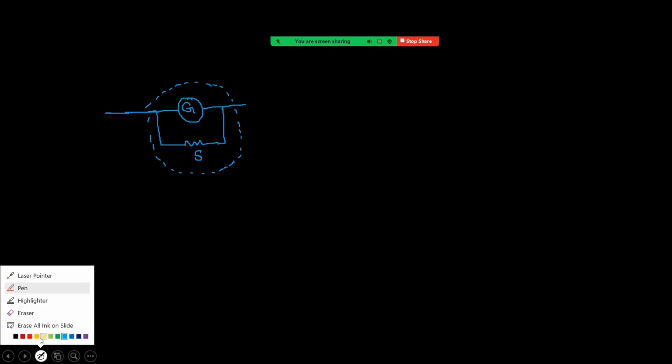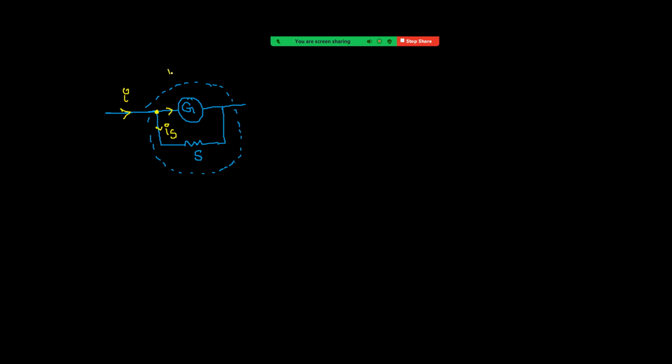Let us see how to find the resistance of the shunt. Assume that a current I flows in the circuit. After reaching this junction, the current divides into Is through the shunt resistance and Ig through the galvanometer.